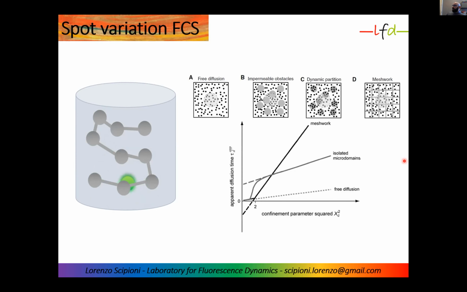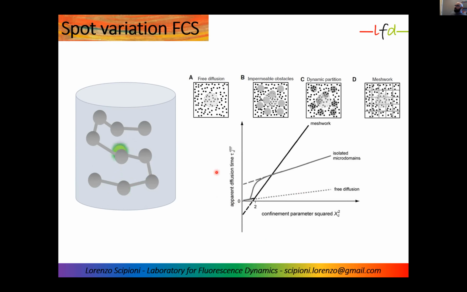These kinds of diffusion give rise to these different curves, which I'll show you in a minute how to obtain. You can see that meshwork diffusion has a very steep slope. Microdomain has a different slope, which actually intercepts at positive values on this axis. Free diffusion intercepts 0, and so on and so forth.